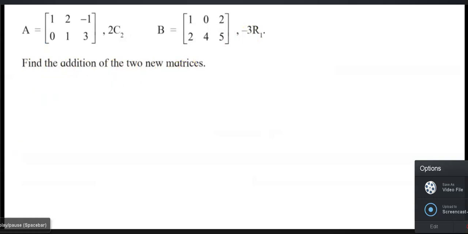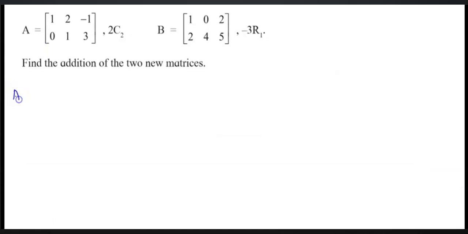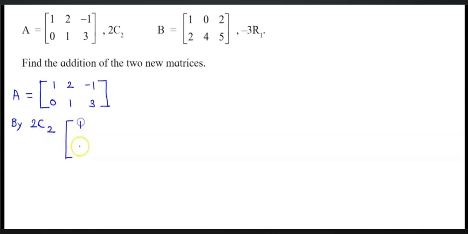Now we will see here, matrix A is 1 2 minus 1. With 2C2, we multiply the second column by 2, giving 1 0 4 2 minus 1 3.